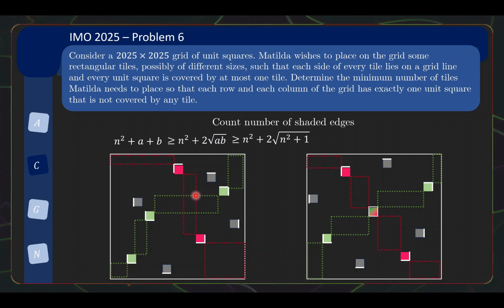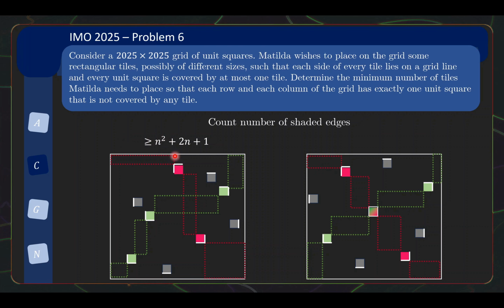Since we are in the scenario where there's no common hole, AB must be at least n squared plus 1. This plus 1 is very important because it gives us that this square root is strictly bigger than n. And since the number of shaded edges is an integer, the next smallest possible is n squared plus 2n plus 1. So this is the lower bound on the number of shaded edges.